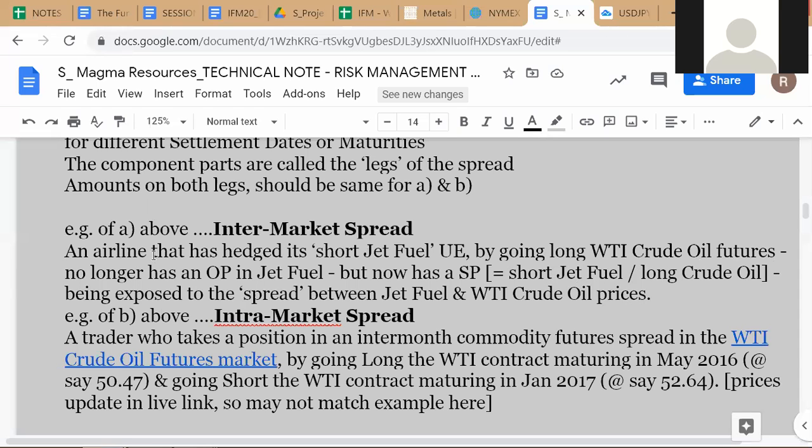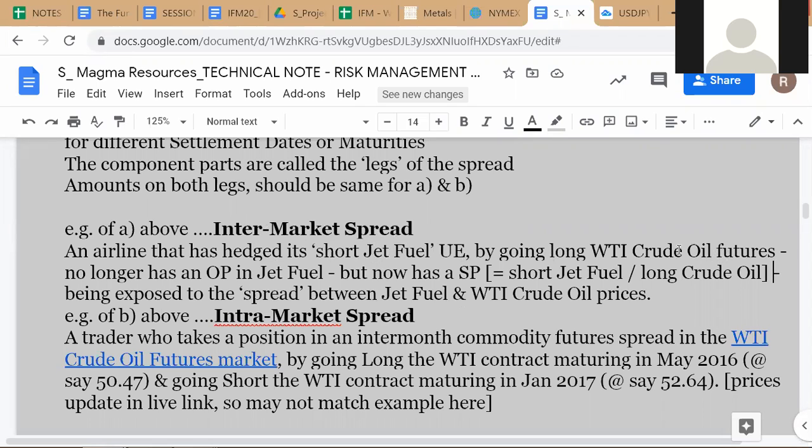So they started with the outright position as an underlying position. They entered into a hedge in crude oil, so they've ended up with an intermarket spread, which is a spread position, because jet fuel is one market and crude oil futures is another market. And jet fuel is not the same as crude oil.